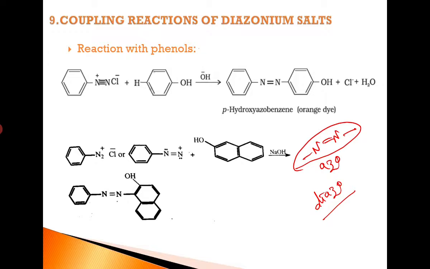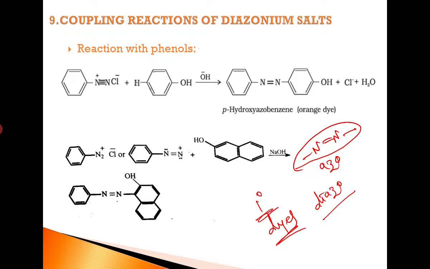Actually, these azo compounds are usually colored. They contain bright colors, so they are used in identifying primary amines, and also they are used as dyes in textile industries.